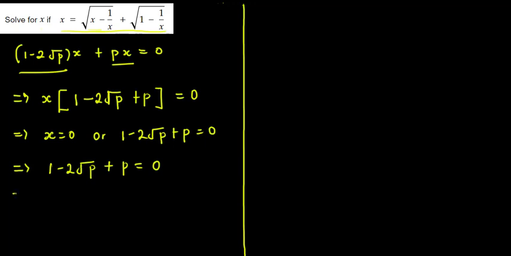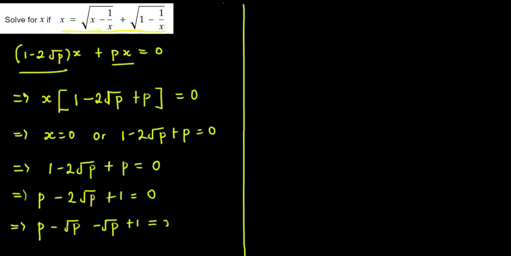So now to solve this, we can write it as p minus 2 root p plus 1 is equal to 0. This implies that p minus root p minus root p plus 1 is equal to 0. Now notice I just wrote minus 2 root p as minus root p minus root p.